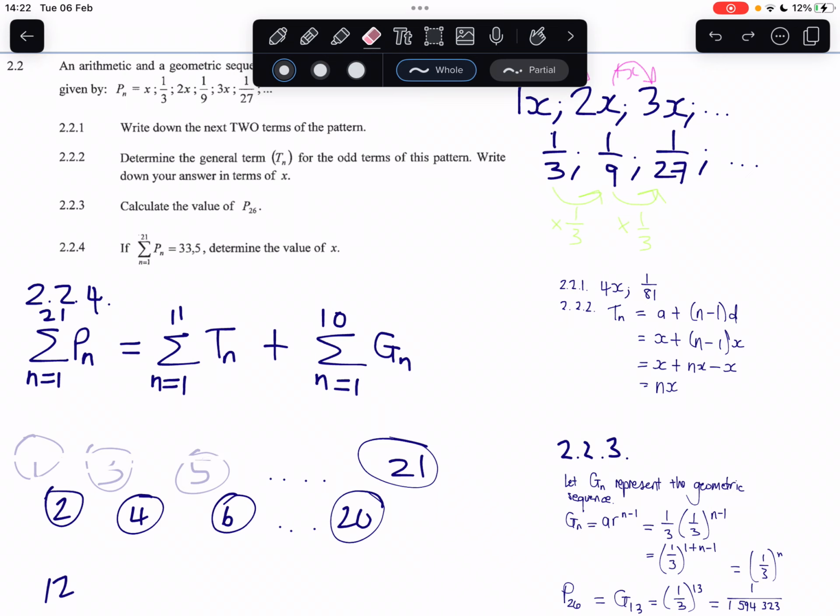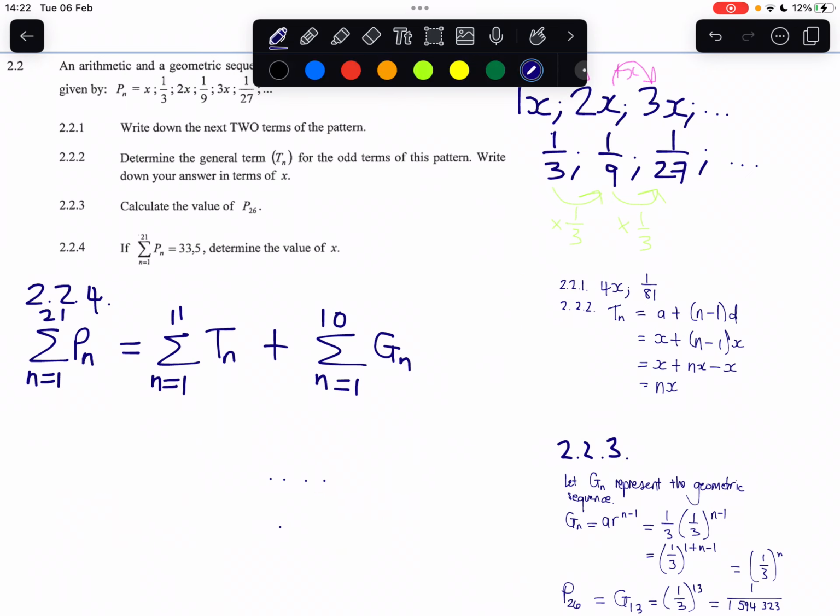Right. So let us add. We know the formulas for arithmetic series and for a geometric series, right? For an arithmetic series, I'm just going to write it down first and then replace the variables.